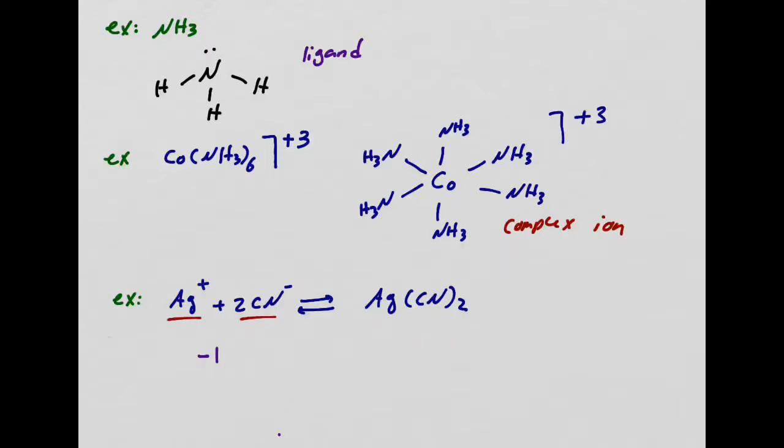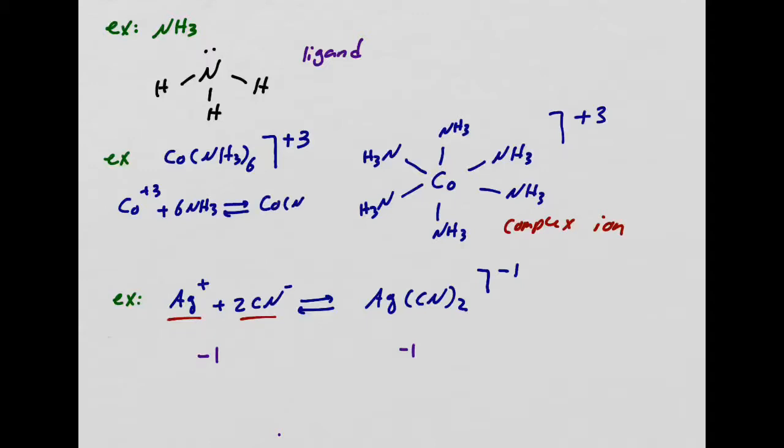Now the charge over here has to match that. Remember, the charges have to match on both sides. So the overall complex has a -1 charge. You guys are good so far? Okay. Now the last problem, the cobalt had a +3 charge, and it had 6 ammonia, which is neutral.